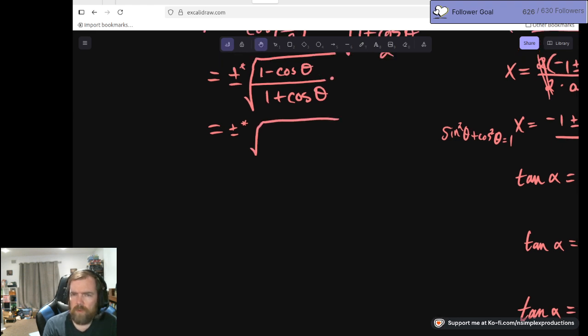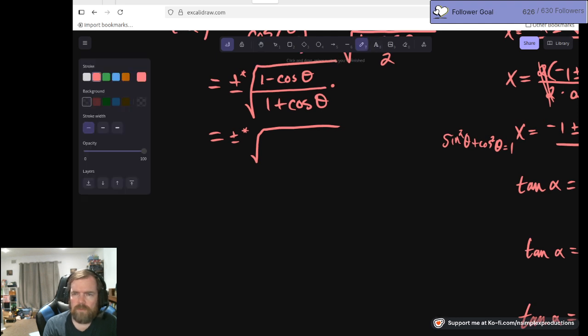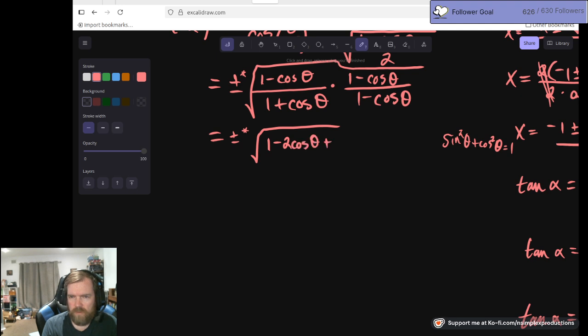Here we can multiply both top and bottom inside of the square root by 1. No, we want the conjugate. So 1 minus cosine theta divided by 1 minus cosine theta. Now, why on earth would I want that? Well, you'll find out in just a minute. The top becomes 1 minus 2 cosine theta plus cosine squared theta.